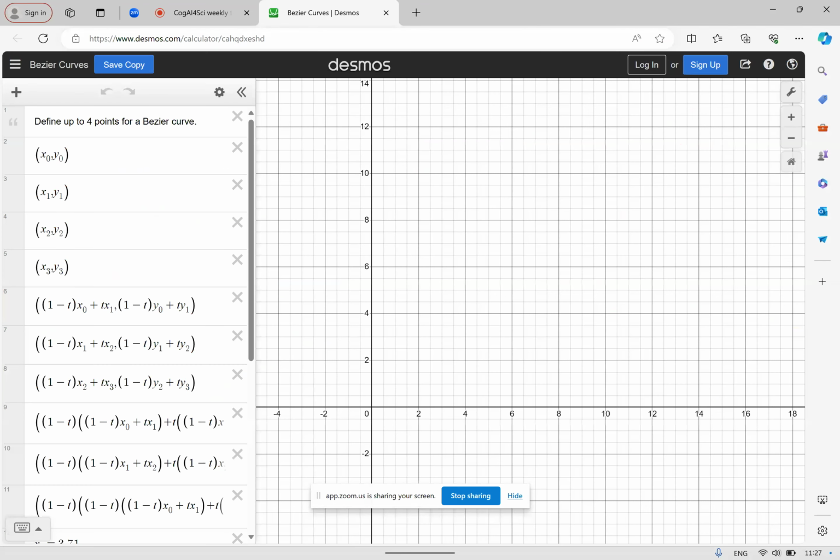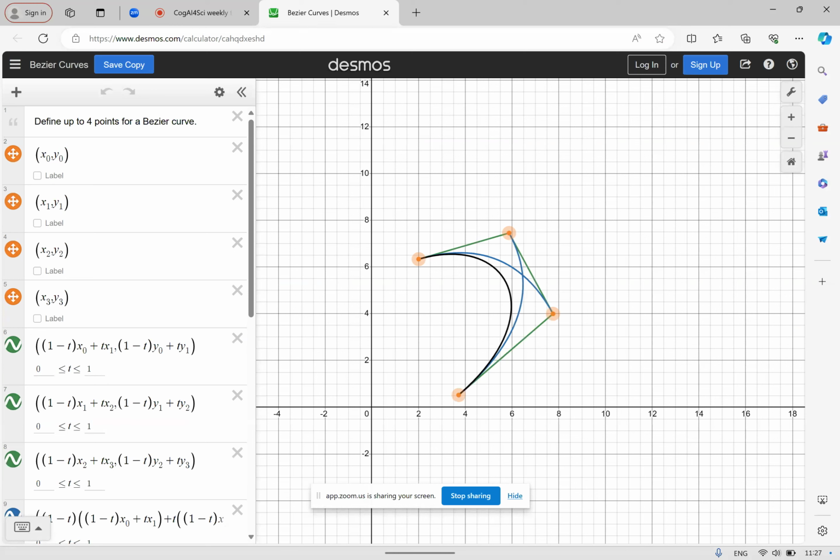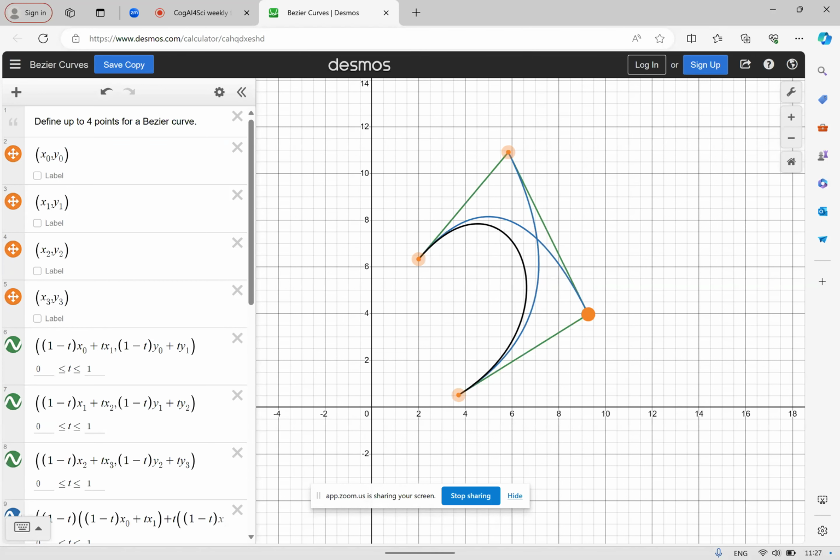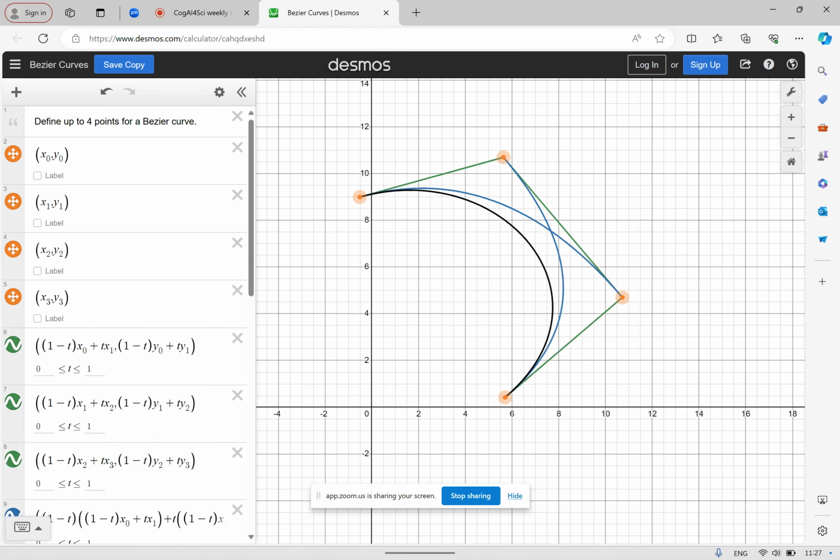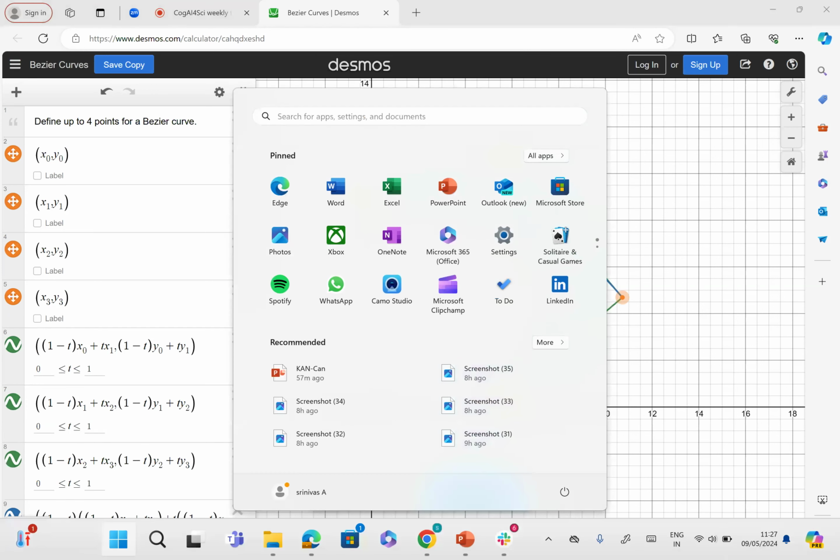Here we already constructed a Bezier curve, and these are called the control points, right? So we can see, by changing the position of these control points, how the curve behaves. This kind of curve you must have seen in MS Paint, where you draw curves. These are called Bezier curves.